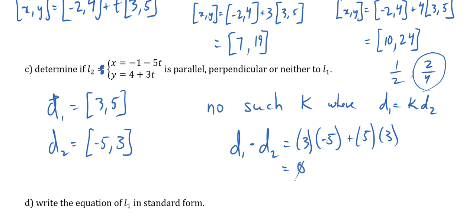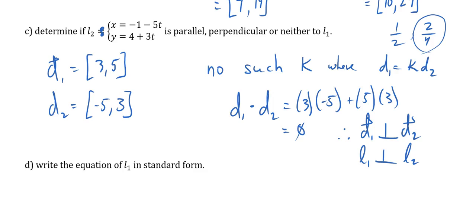And if the dot product is 0, the direction vectors are perpendicular and the lines are perpendicular, or orthogonal, depending on what language we're using. I know, pretty straightforward so far.